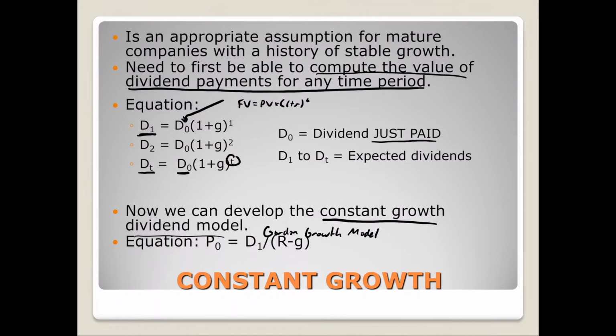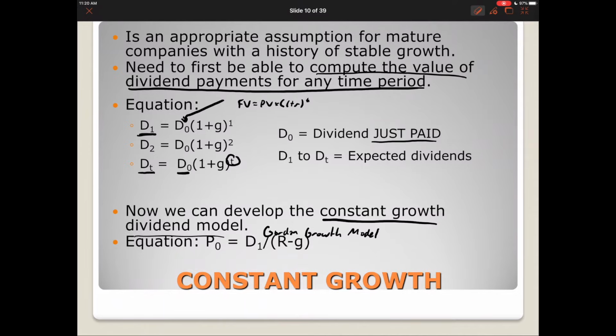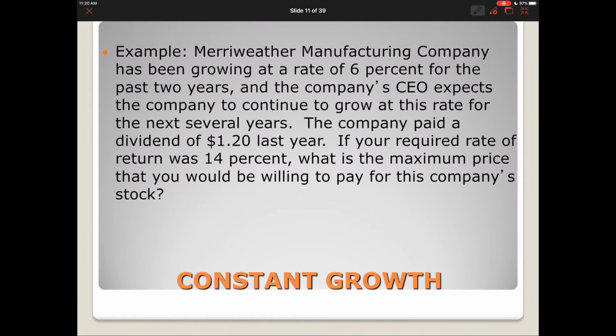Your equation for constant growth says your current price, P sub 0, is equal to next year's dividend divided by R minus g. It's very important that when we are calculating the current price, I need the dividend for the first year, which I divide by R, my required rate of return, minus my constant growth rate. So let's take a look at an example.